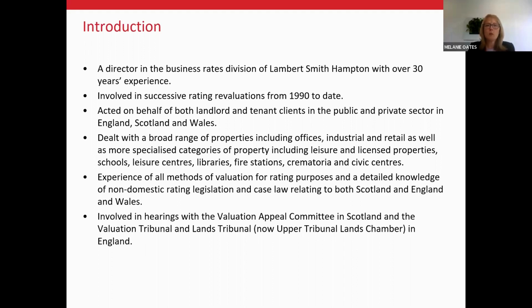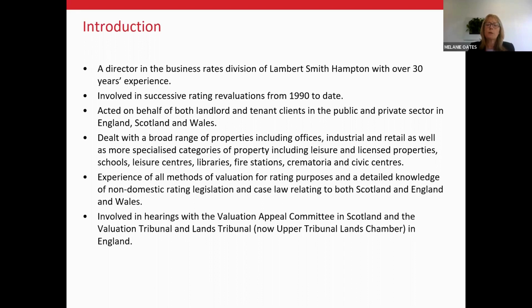I act on behalf of landlord and tenant clients, public and private sector, so there's a real mix of properties and people that I deal with. So from bulk category properties, which are offices, industrial, retail, but also specialised properties which I've come to deal with over the years. There are different methods of valuation for different types of property, and I've got experience in all of those.